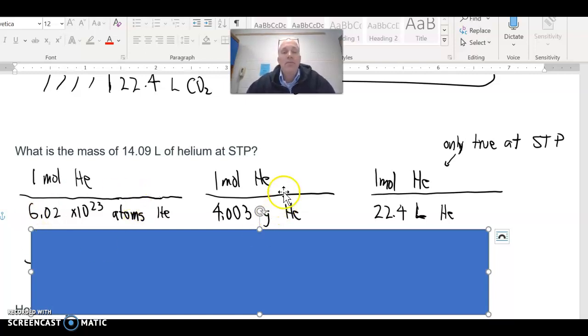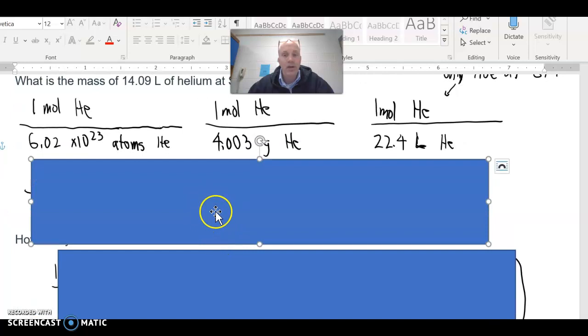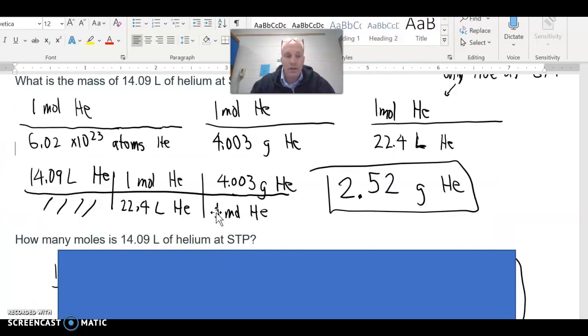Okay. The other relationship is just to say, if you had a mole of helium, what would its mass be? We get that by just looking at the periodic table. And this formula, notice it's just one single helium atom. So it's the exact same atomic mass that you see on the periodic table. So the question that we had starts us with 14.09 liters of helium.